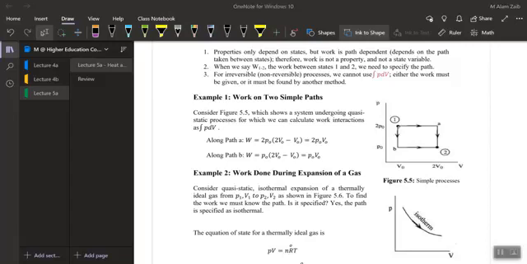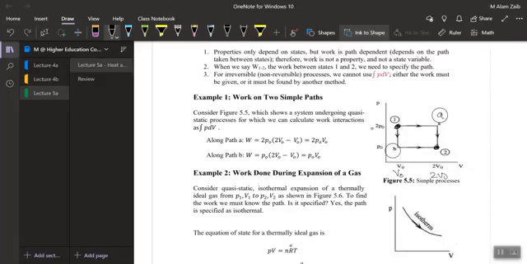I'm going from state 1 to state 2 by two paths. One is called path A and one is called path B. In path A, I'm moving from volume V naught to 2 V naught.